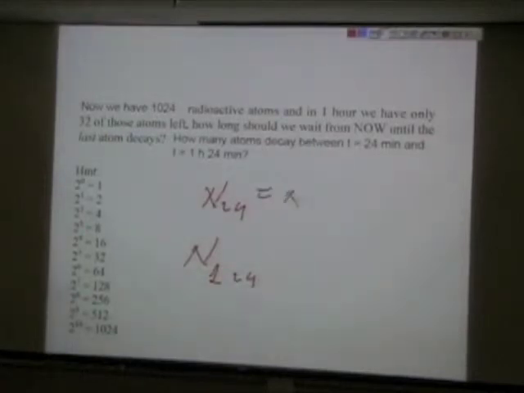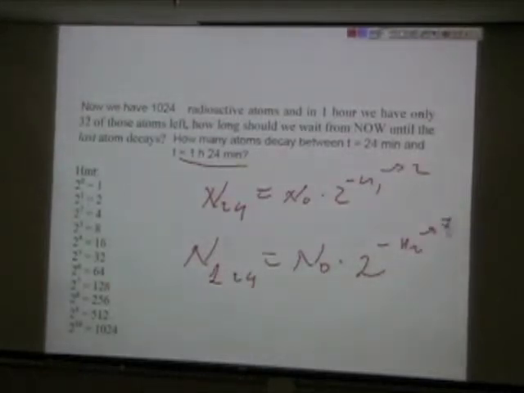N24 is how many atoms are left after we've been waiting for 2 half-lives past here, and 1 hour 24. 1 hour 24 is 5 plus 2 more, 7 half-lives. That's supposed to be this times N2. Well, N1 is 2, and N2 is 7.